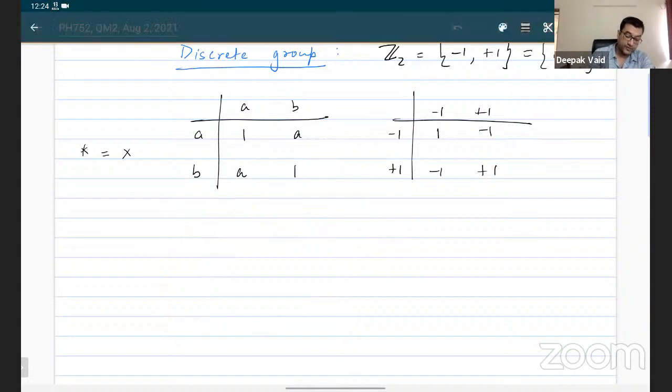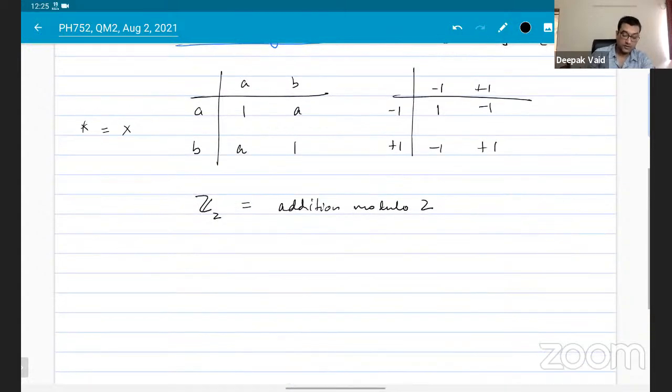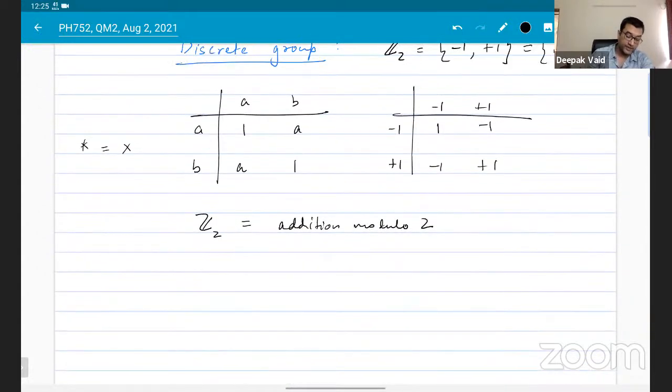But before that, let me also point out that Z2, instead of writing using multiplication, we can also use group addition. We can use numerical addition as a group multiplication. But we have to use addition modulo 2, mod 2. Okay. And we have to write the group elements as 0, 1.